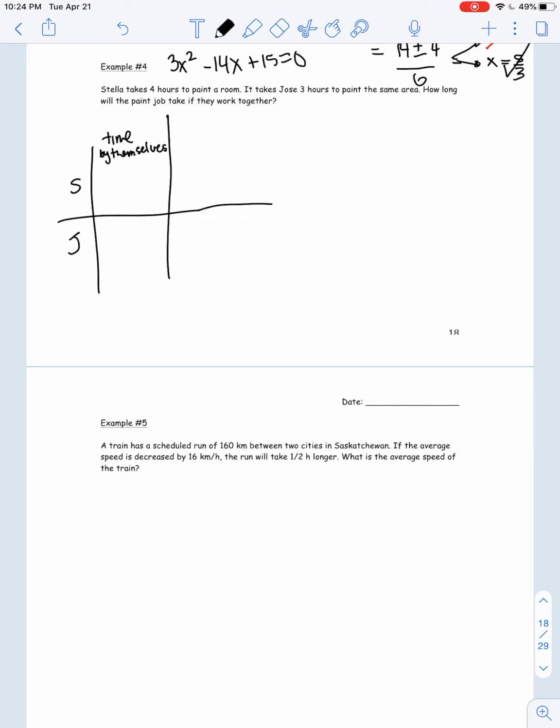And then your second column is going to be 1/time, meaning how much could they do in 1 hour? So what fraction of the job have they done in 1 hour? And then the last column for this kind of situation is going to be time together over their individual time.